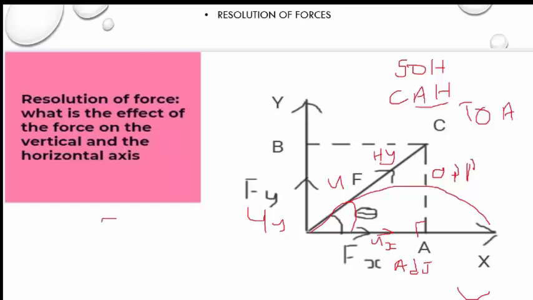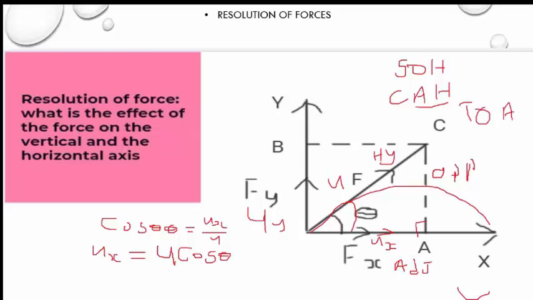So I can now say cos theta is equal to adjacent over hypotenuse. What is my adjacent? Ux. What is my hypotenuse? That is my u. So ux, which is the initial velocity on the horizontal axis, is now my initial velocity u cos theta.